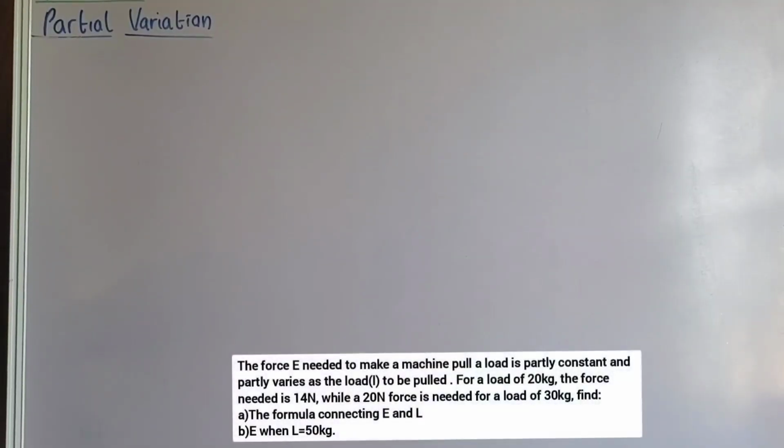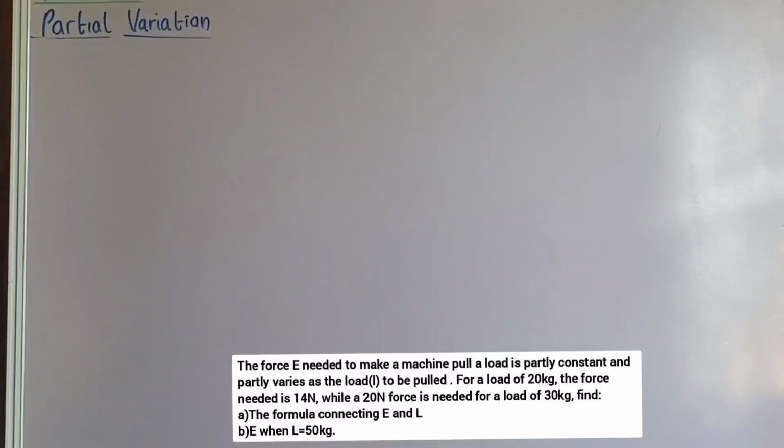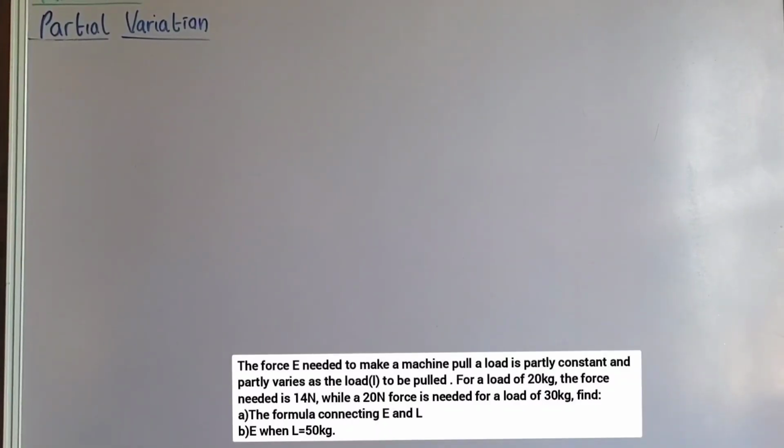Let's consider this question on variation. The force E needed to make a machine pull a load is partly constant and partly varies as the load L to be pulled. For a load of 20 kg, the force needed is 14 Newton, while a 20 Newton force is needed for a load of 30 kg.